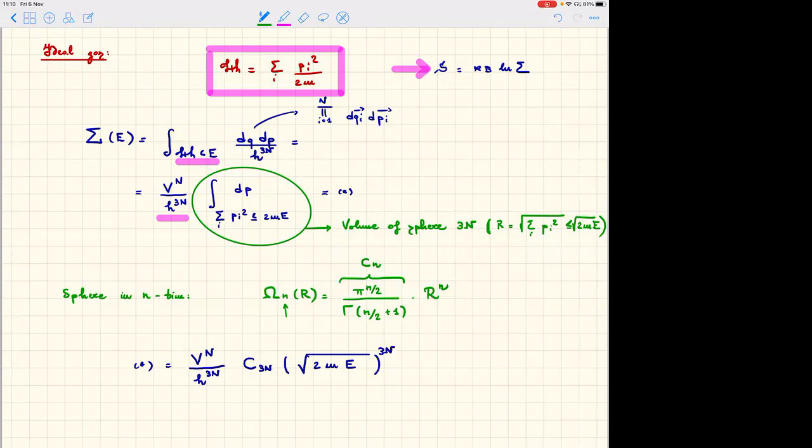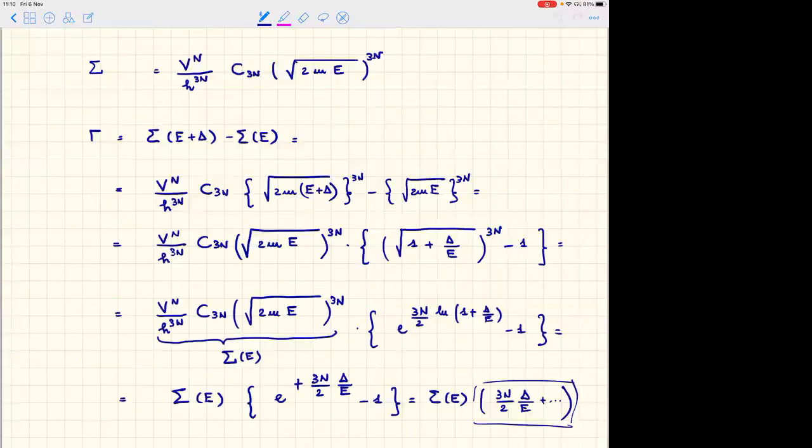So now, if you substitute the constants and the value of the radius, we obtain that sigma of E is given by this expression. And last time we did the calculation showing what happens if instead of computing sigma, you compute gamma, and that the two things are completely equivalent from the point of view of the leading exponential divergence with N, so the leading behavior with N in the thermodynamic limit.